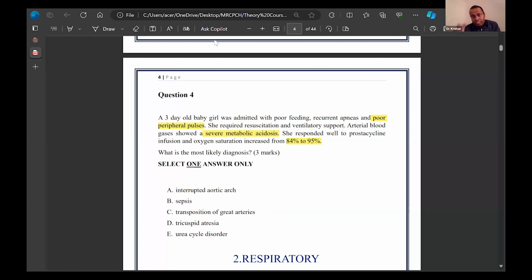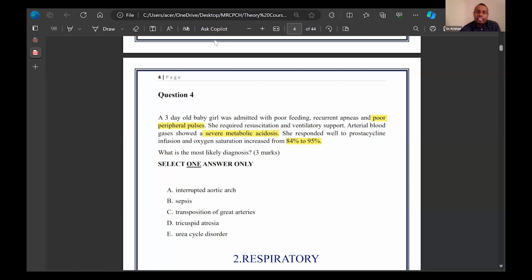Tricuspid atresia, what happens is the tricuspid valve is not formed properly. You have the tricuspid valve on the right side of the heart. Therefore, blood from the right atrium will not come to the right ventricle. That circulation is affected, not the systemic circulation greatly.